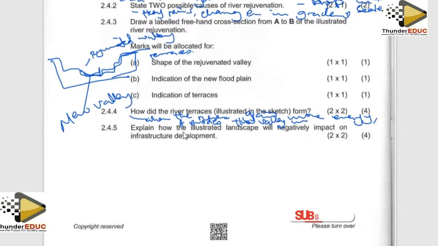It erodes the old valley, forming a new valley, leaving the terraces behind, leaving the river terraces.